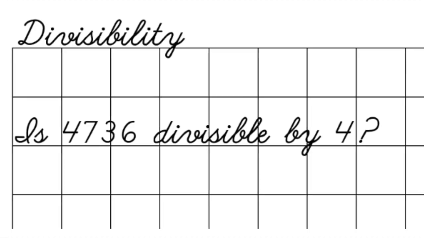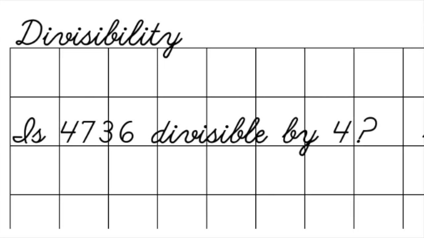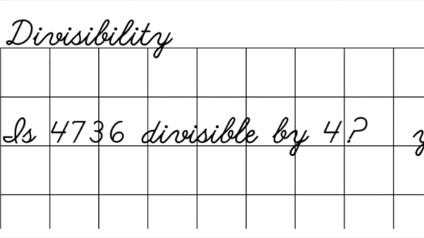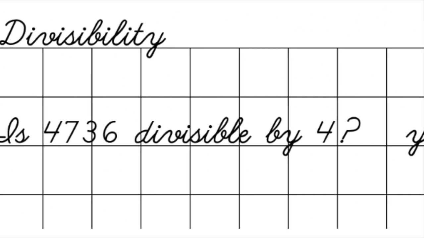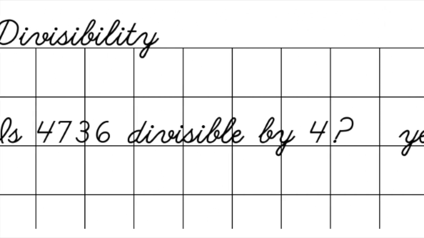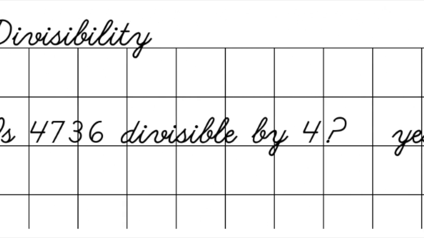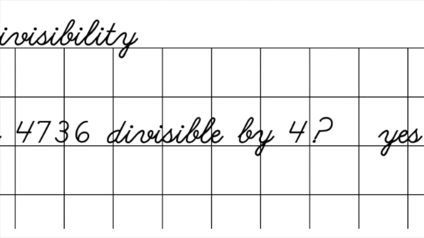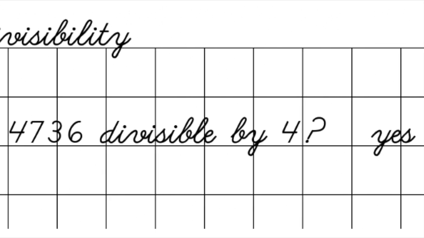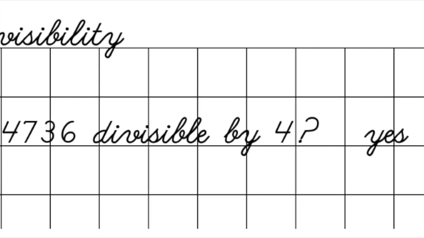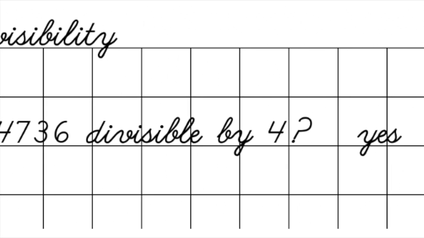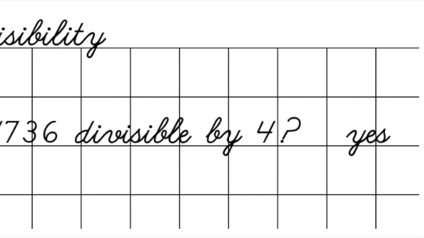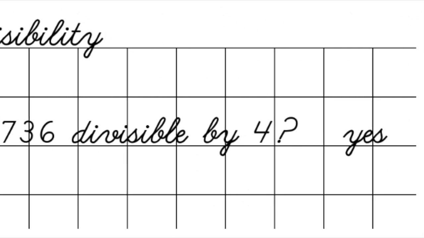So if we look at the question we asked ourselves earlier, is 4,736 divisible by 4? We know we need to look at the units and the tens to see if they're a multiple of 4. Is 36 a multiple of 4? Yes, it is. So we can say that 4,736 is divisible by 4. Let's try another number.